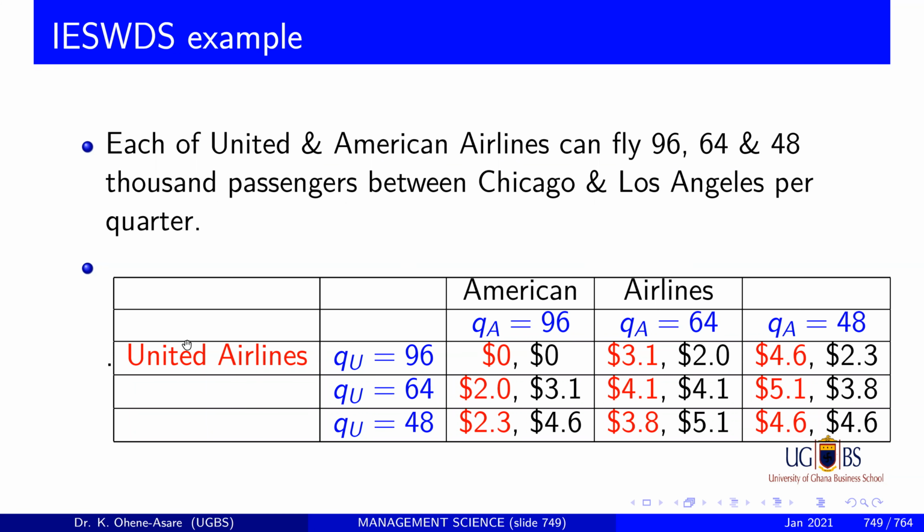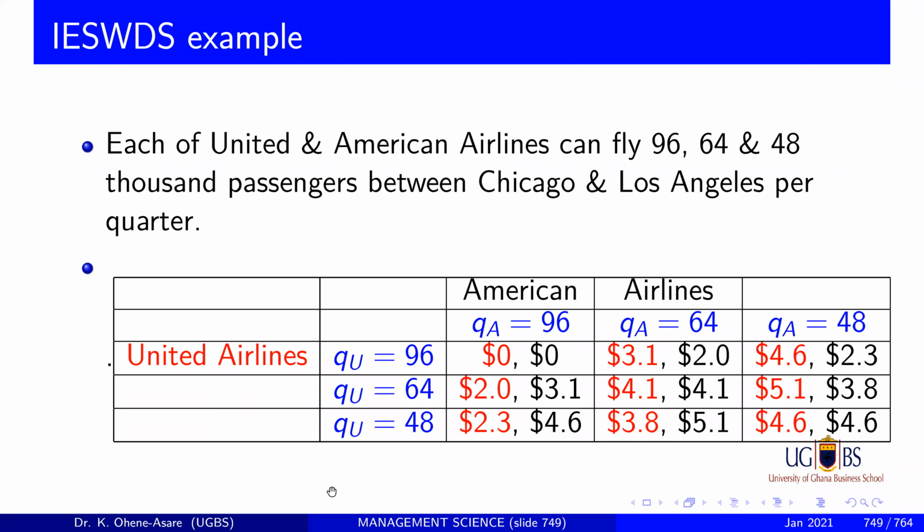So United Airlines flies 96,000 passengers, 64,000, or 48,000. American Airlines, which is player two at the top, also flies 96,000, 64,000, or 48,000 passengers. So the passengers is the output.